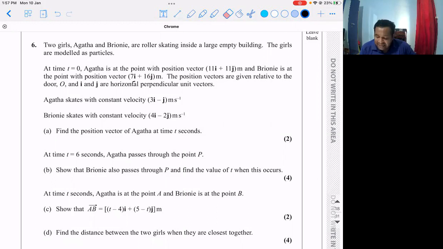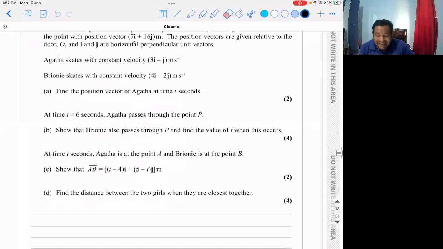The position vectors are given relative to the door O, with i and j horizontal perpendicular unit vectors. Agatha skates with constant velocity 3i minus j meter per second. Bryony skates with constant velocity 4i minus 2j meter per second. Find the position vector of Agatha at time t seconds. So that is the first question.